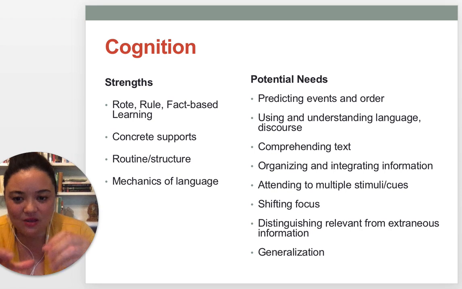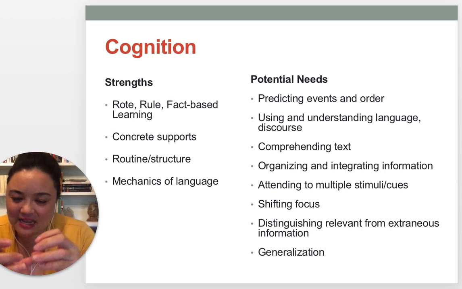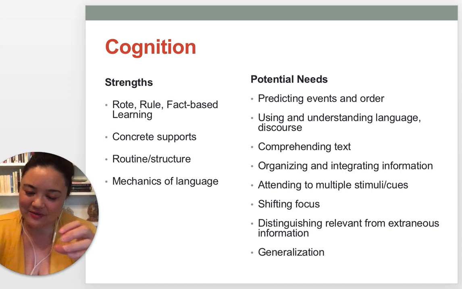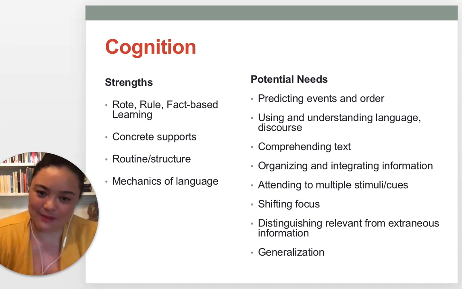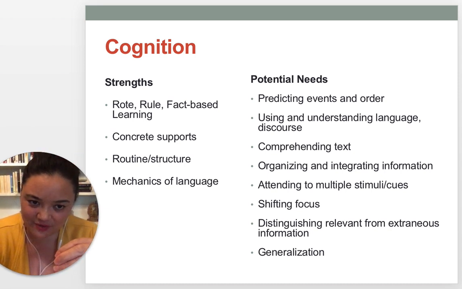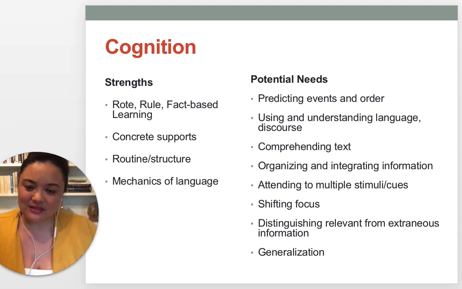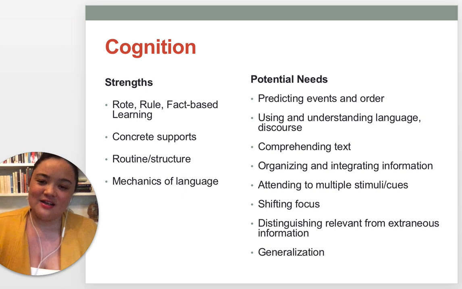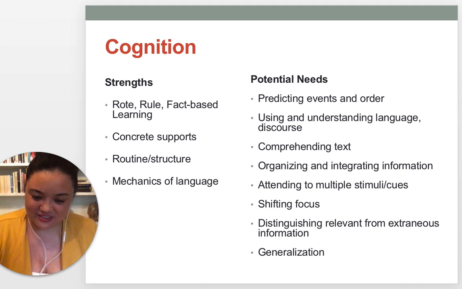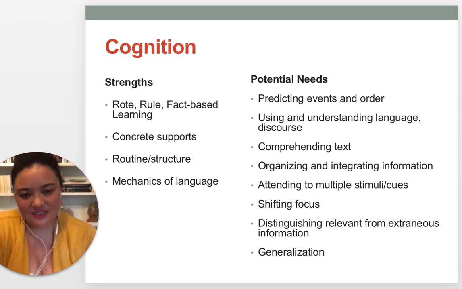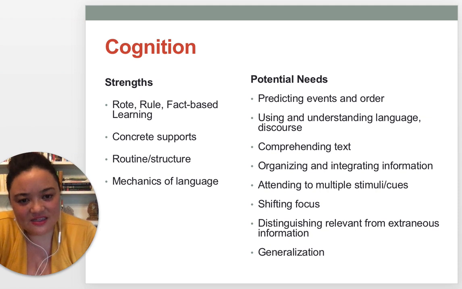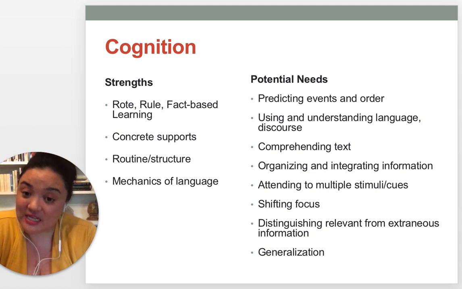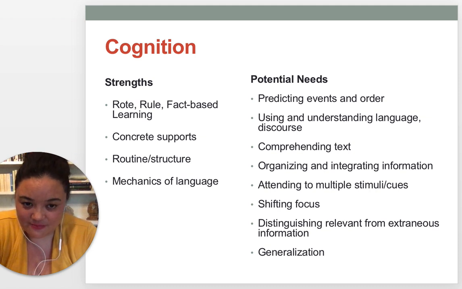So he may be really great at knowing his job, but isn't able to tell you what happens before he receives the cupcake to put the icing on top. So being able to explain the bigger picture or the sequence of, well, first someone makes the batter, then someone pours it into the baking tin. So predicting events and order oftentimes is a potential need for many individuals with autism.